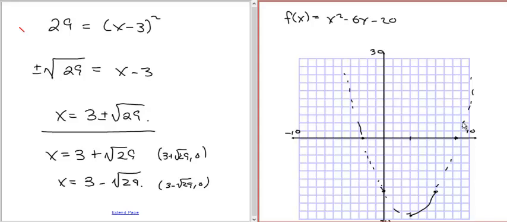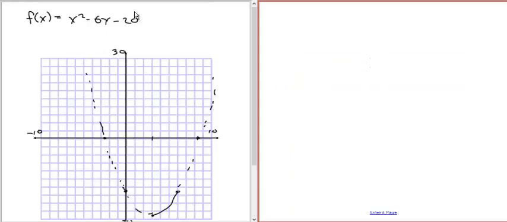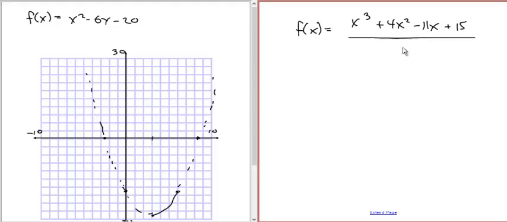Long division. What we got here? 157. Okay. Let's do another long division example. So let's do x cubed plus 4x squared minus 11x plus 15 divided by x plus 2.